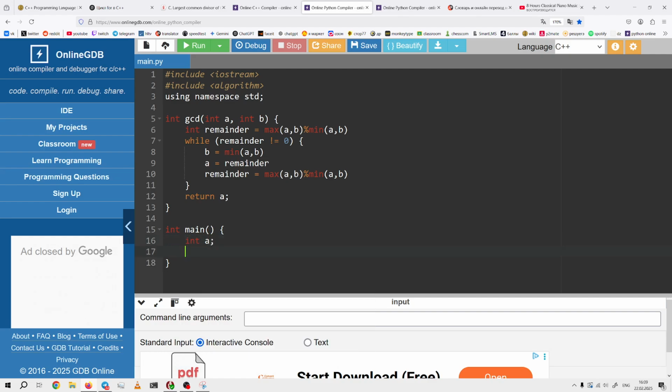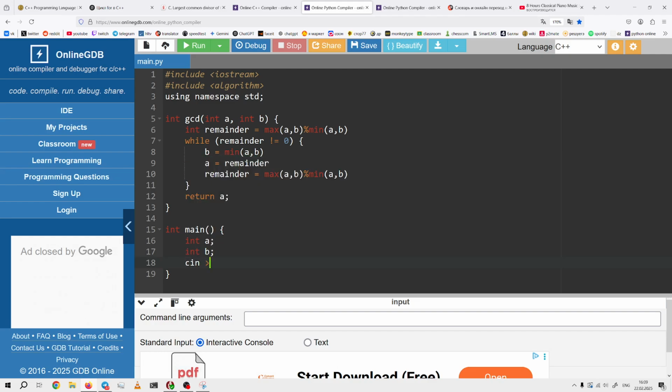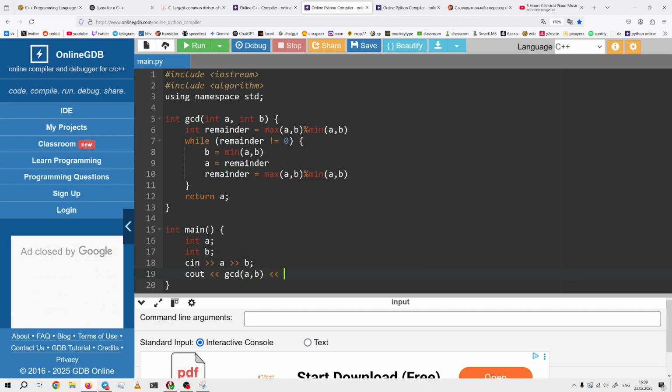We put A, we put B, and cin A and B, and then cout GCD of A and B. Okay.